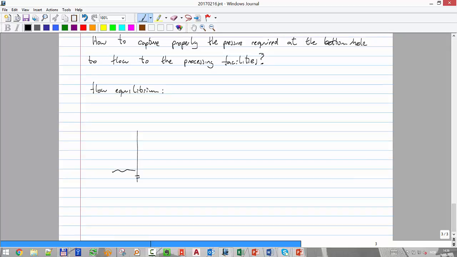We have a well, we have our Christmas tree, and you already know how we call all of these valves. How do we call them? Yeah, that's the wing, secondary wing, and master wing.